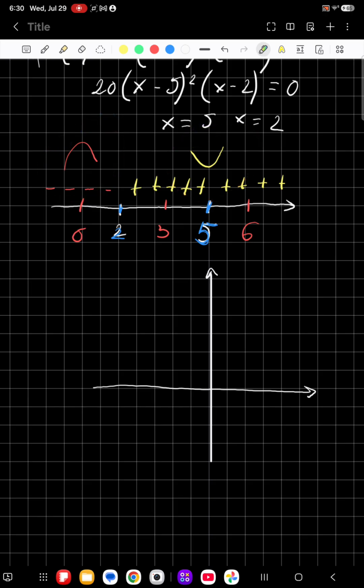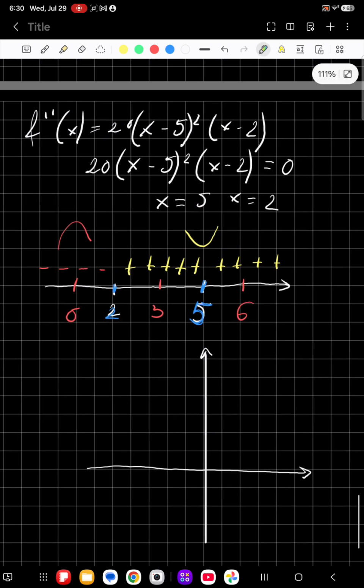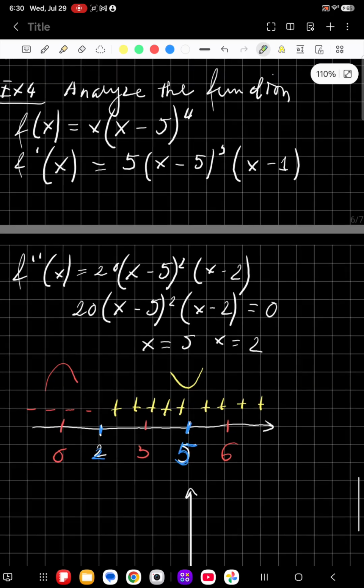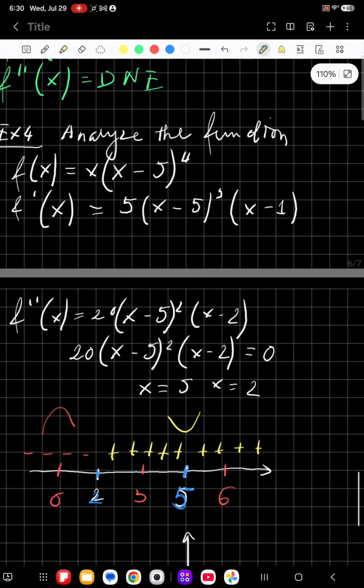At 5, nothing happens. So we have that information, and we also have the first derivative. What we could do is make it equal to 0 and find critical numbers. Those critical numbers give us possible maxima or minima. So it's x equals 5, or x equals positive 1.